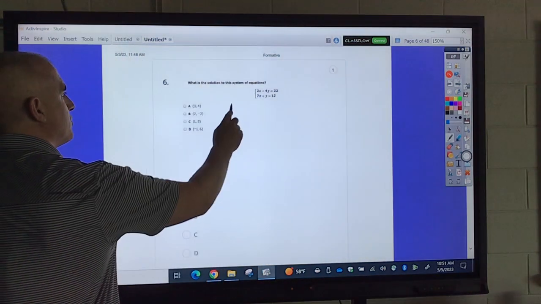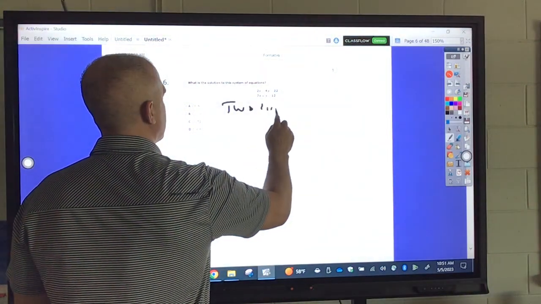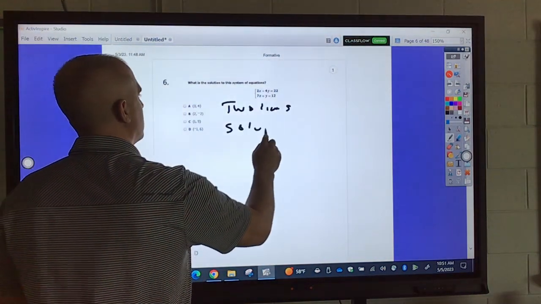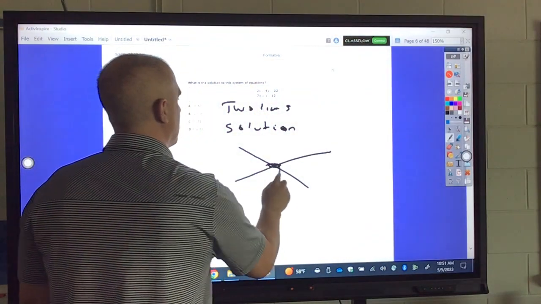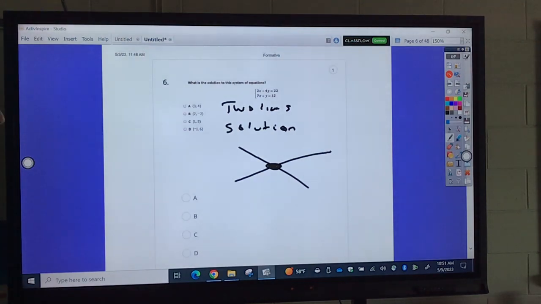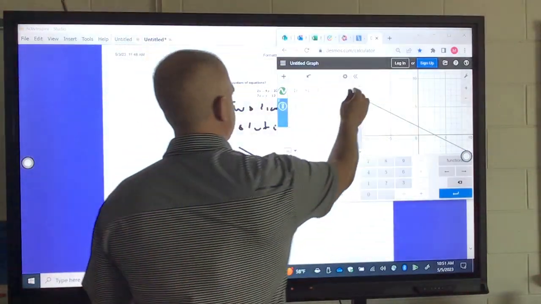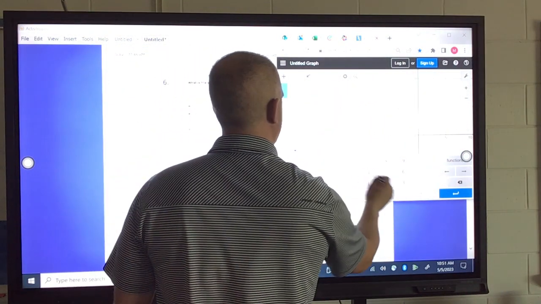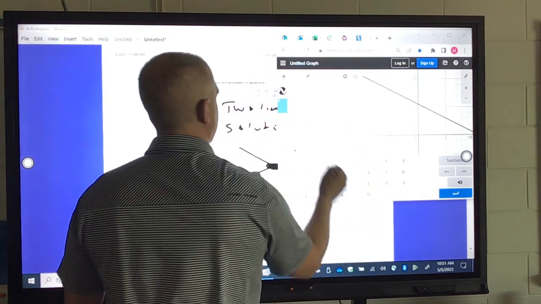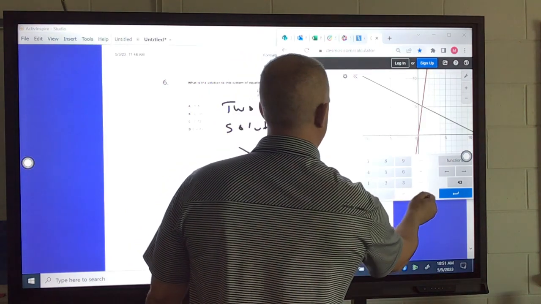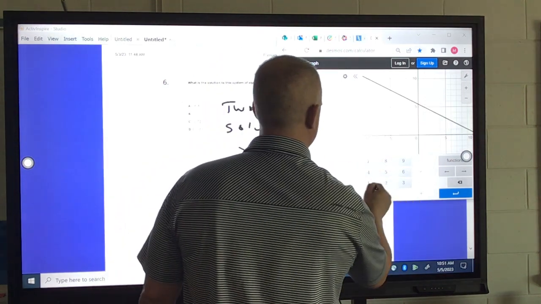With this one, when you have 2 lines, they ask for the solution. What you want to do is type those into Desmos, and find where they cross. So I got 2x plus 4y equals 22. I got 7x plus y equals 12.